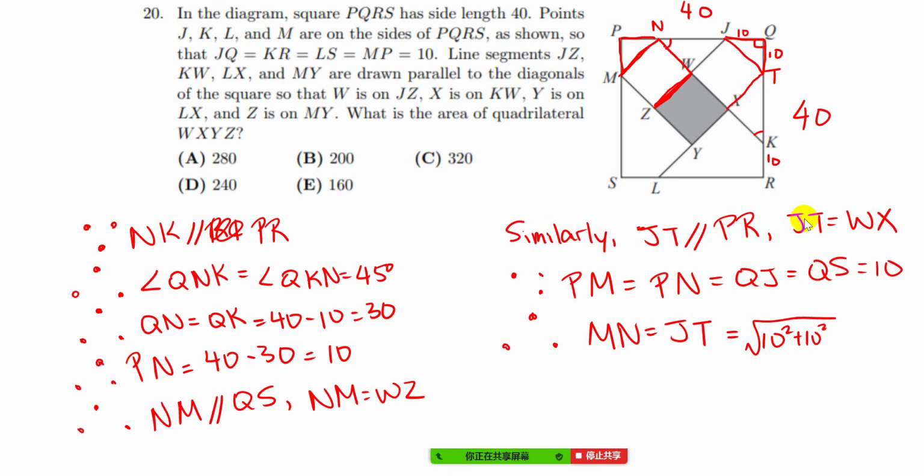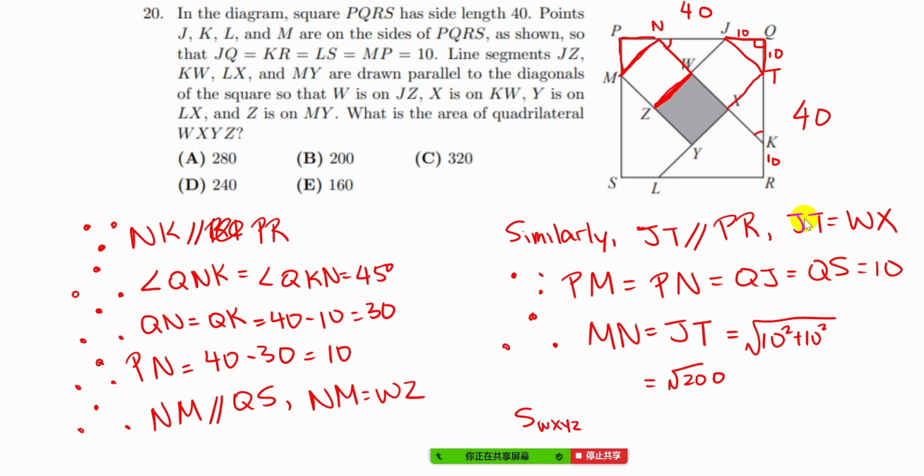So MN and JT would equal the square root of 10 squared plus 10 squared, which is the square root of 200.